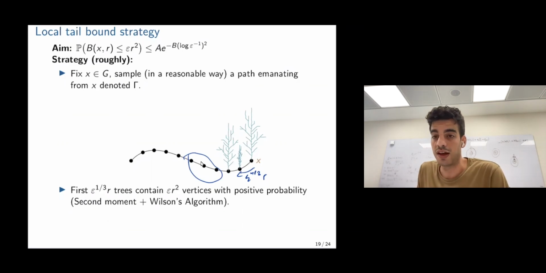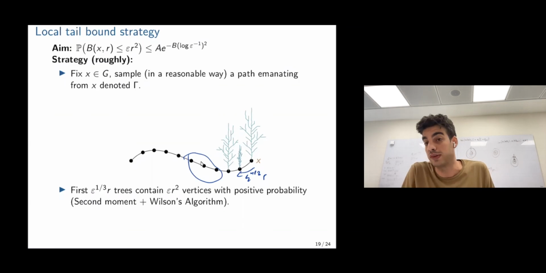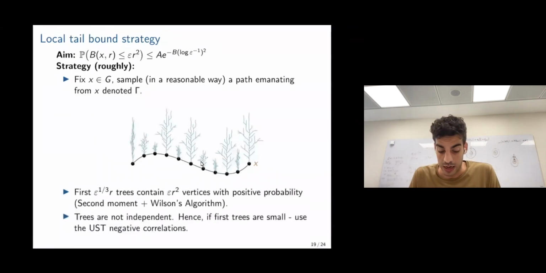We think this is true, but we couldn't prove it. The UST does have some negative correlations, but it's not as easy as I tried to explain. So our dream of just multiplying the probabilities as if these were independent, or as if we had negative correlations, does not work, or at least we couldn't prove it. So we had to use something different.